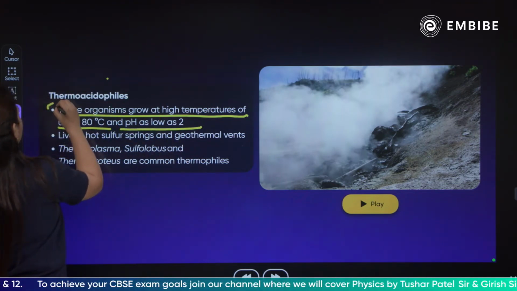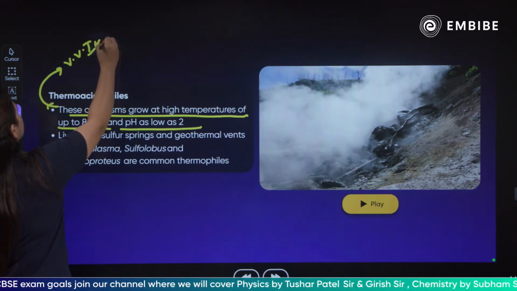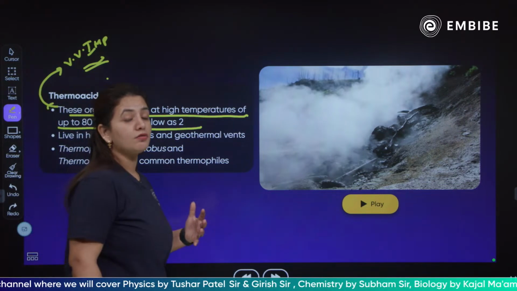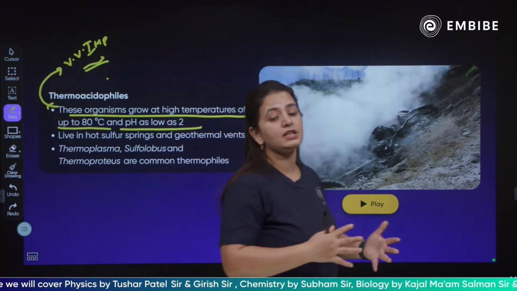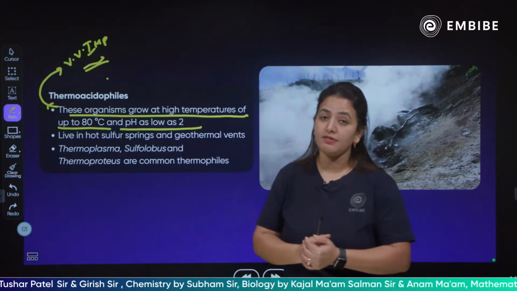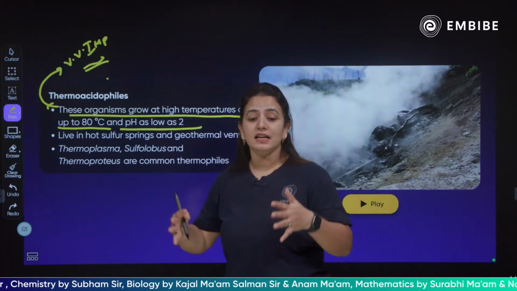Very, very important. This point is very, very important. Please, very important. What are Thermoacidophiles? Thermoacidophiles can survive in extremely high temperature of 80 degrees C and can survive down to pH 2, which is an extremely acidic condition.